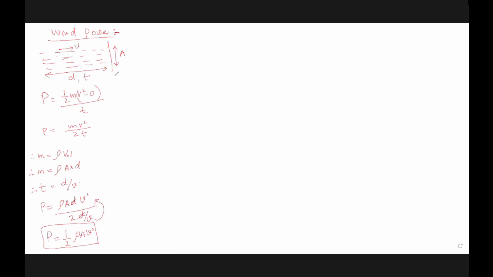इसमें rho is density, density of wind, of air, or if it is water, water की. A, area of cross section जिस पे hit कर रहा है, over which air is hitting.